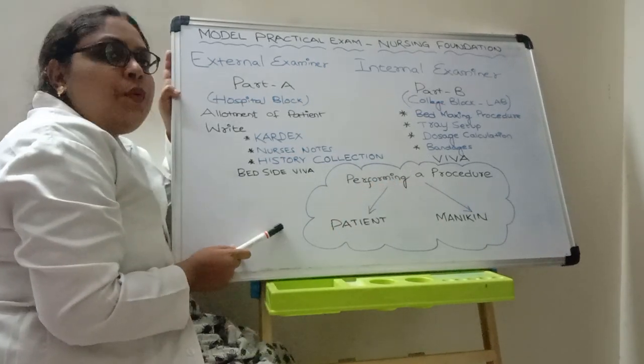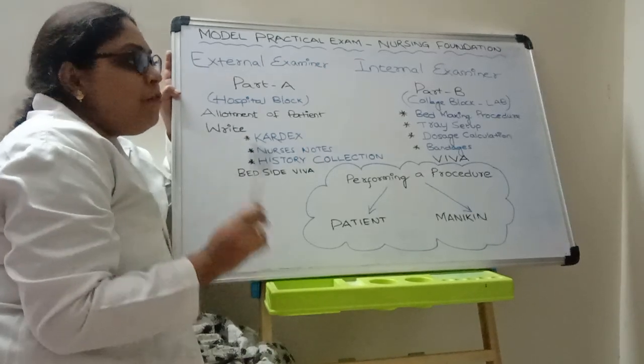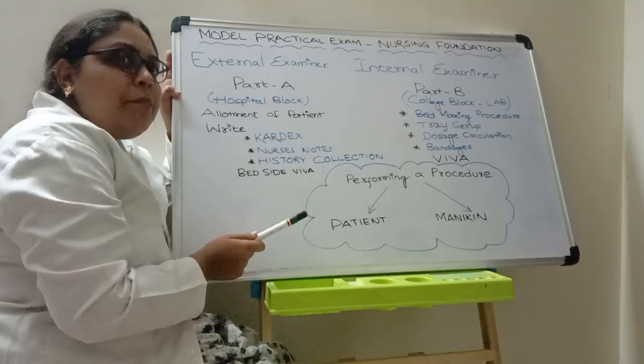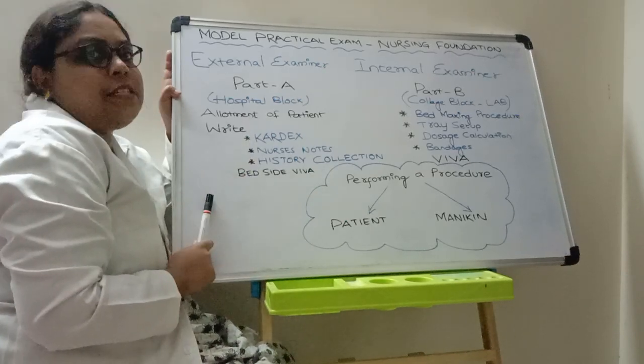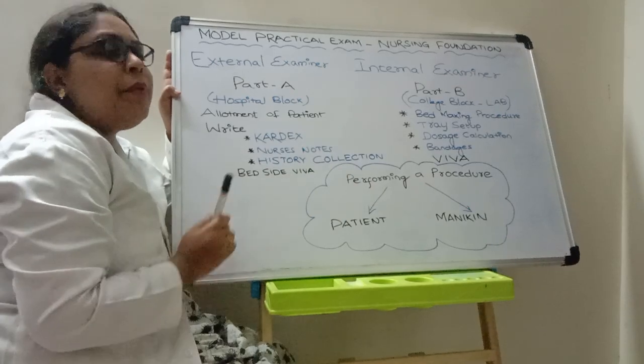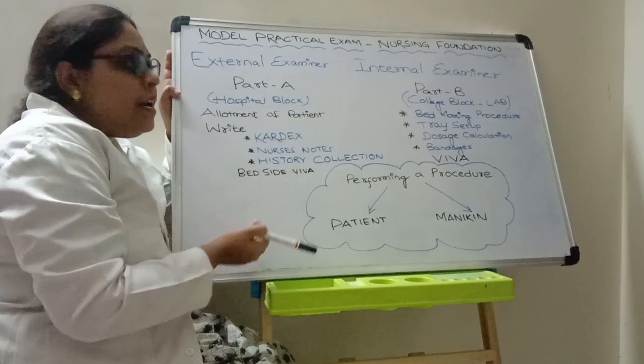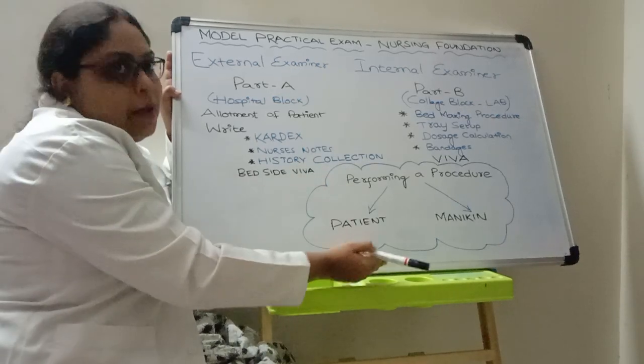So another important thing is there, that is performing a procedure. So each student will be allotted one type of procedure. This performing a procedure may be conducted in the part A session or part B. So depending upon the time and also examiners, they may plan at the patient side or in the lab setting.